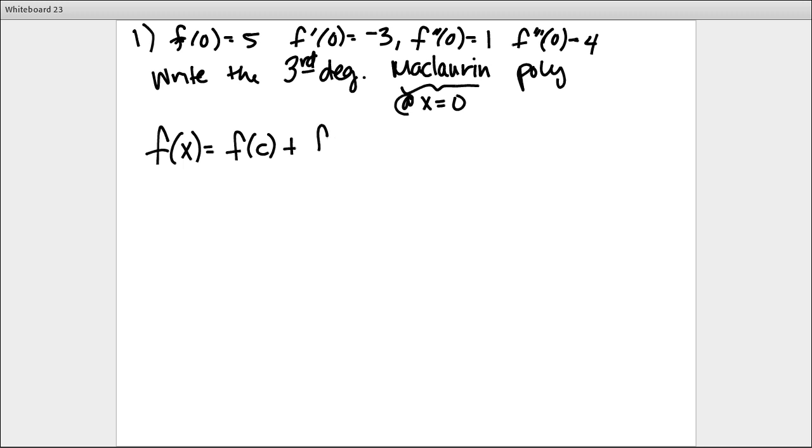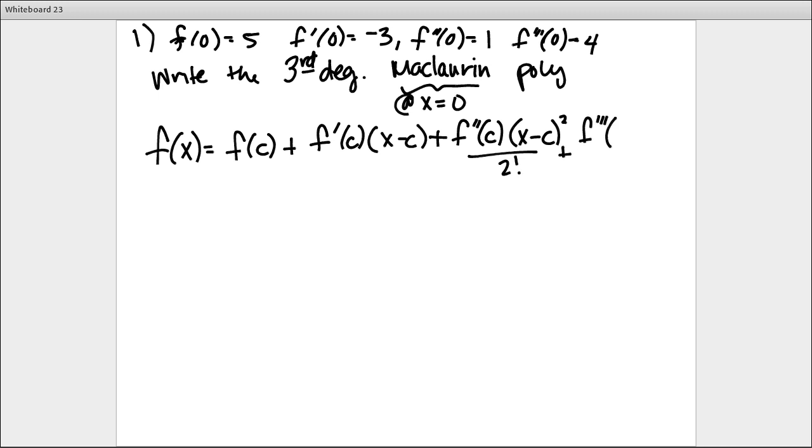The function is found by doing f of c plus the first derivative at c times x minus c, technically over 1, and then plus the second derivative at the center times x minus the center squared over 2 factorial, and then you would do the third derivative, evaluating it at its center, x minus c cubed over 3 factorial, and it keeps on going like that. So that's how you're going to build a Taylor or Maclaurin polynomial.